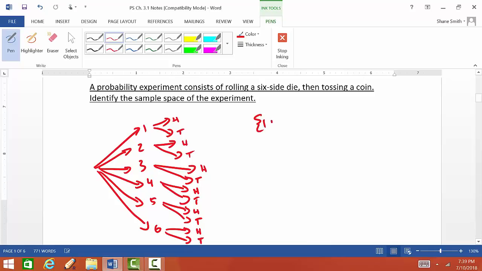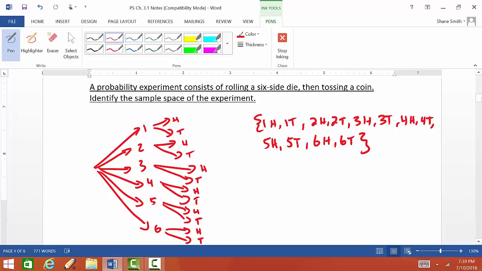So my outcomes are 1 heads, 1 tails, 2 heads, 2 tails, 3 heads, 3 tails, 4 heads, 4 tails, 5 heads, 5 tails, 6 heads, 6 tails.